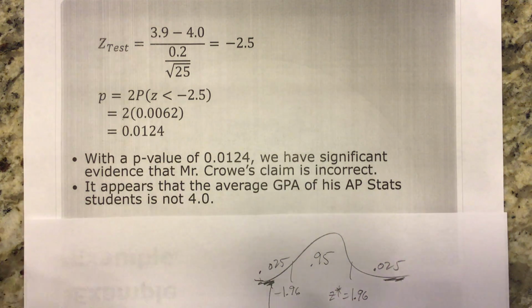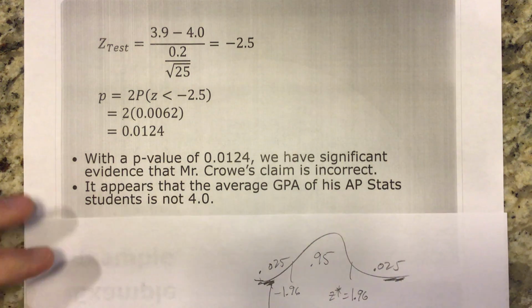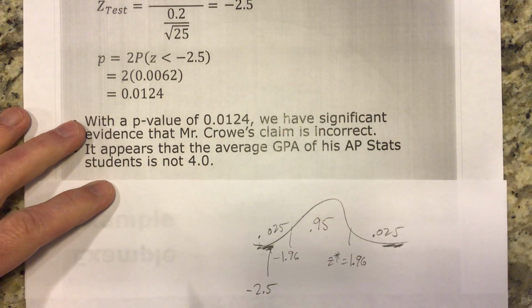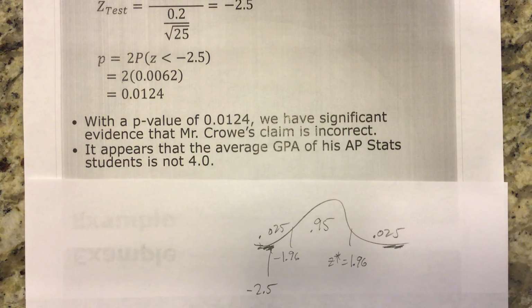The p-value is smaller than alpha, as we already knew it was going to be from the drawing I made. So we have evidence to overturn my claim. So the conclusion: it appears that my claim is likely false. It looks like my AP Stat students do not have an average GPA of 4.0. Okay, and it's that simple.